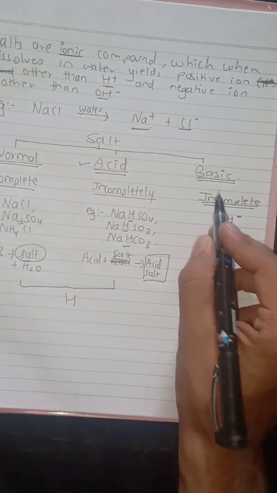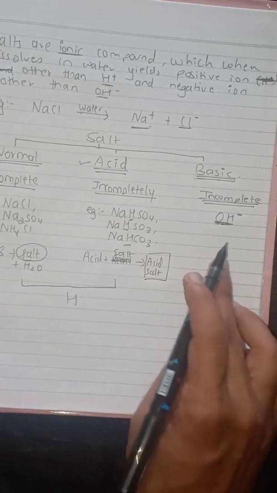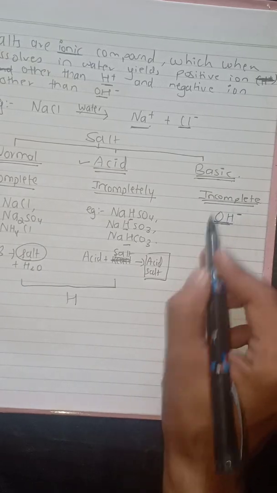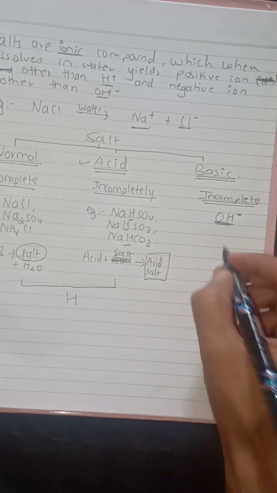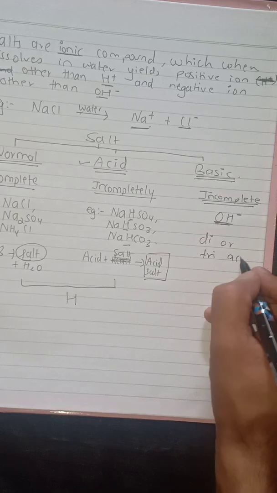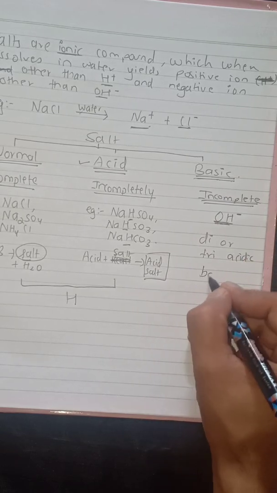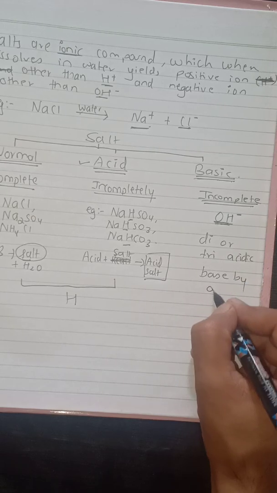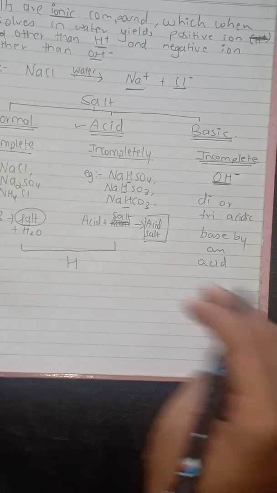But in this, as we have learned, the basic part has the hydroxyl, okay, it is an incomplete process of replacing the hydroxyl ion, by the partial replacement of a di or triacid base by an acid or a radical.